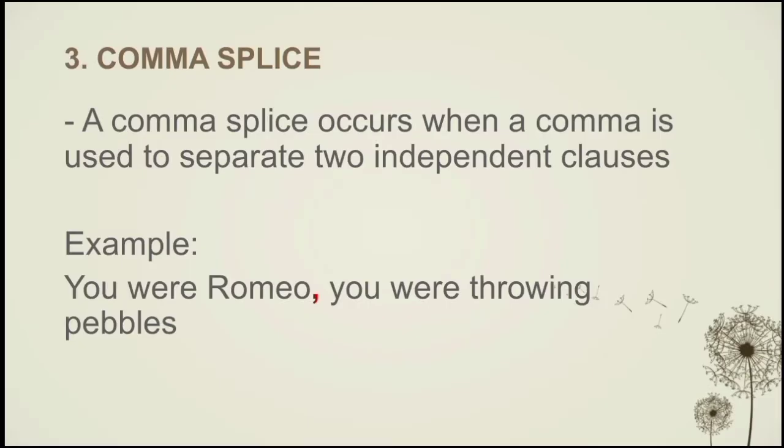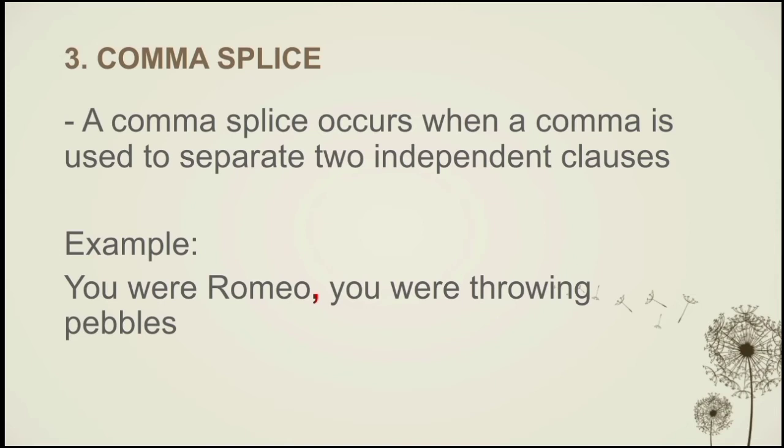Okay, so next, another type of sentence error is comma splice. So what is a comma splice? A comma splice occurs when a comma is used to separate two independent clauses. So what is the difference between run-on sentences and comma splice? When we say run-on sentences, yun yung dalawang pinagdugtong na independent clause na walang kahit na anong conjunction.